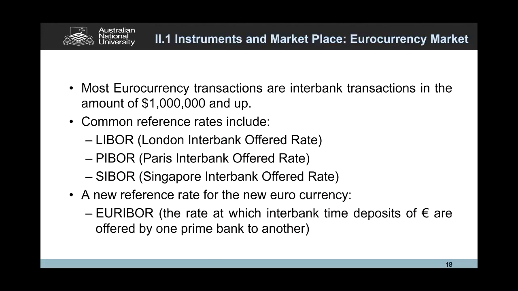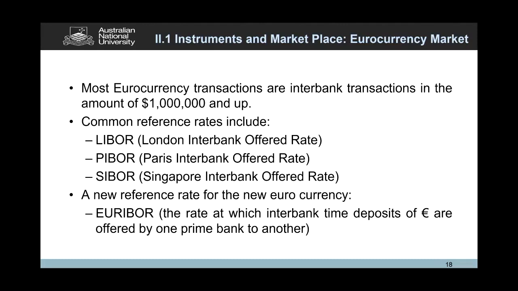And so that goes to the next point of what we are going to talk about. Most eurocurrency transactions are interbank transactions in the amount of $1 million and up. So they are really large transactions. And because we're talking about loans, which come with interest rates, we have to have reference interest rates.